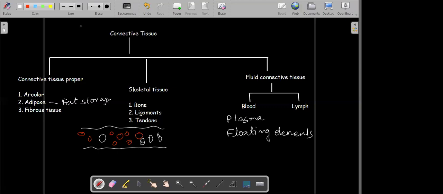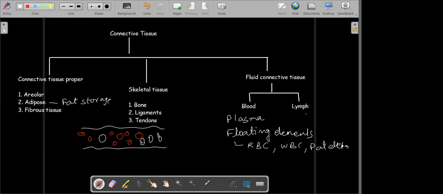The floating elements include RBCs, WBCs, and platelets. So these are the elements of which our blood consists.